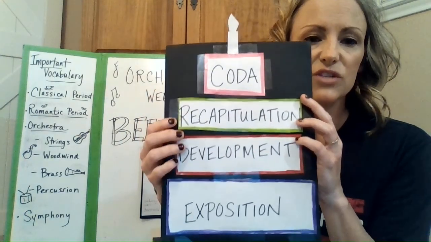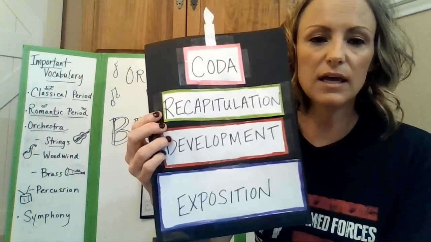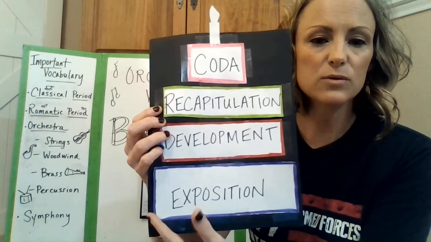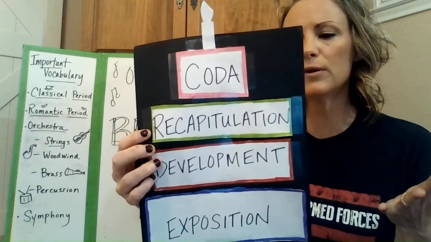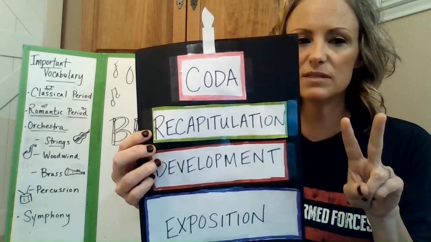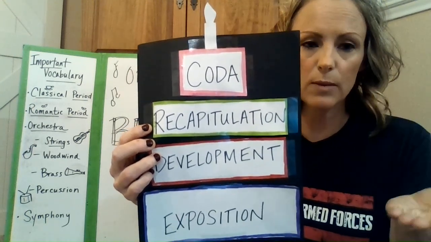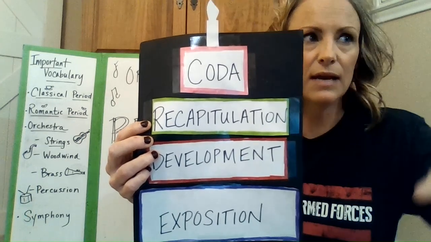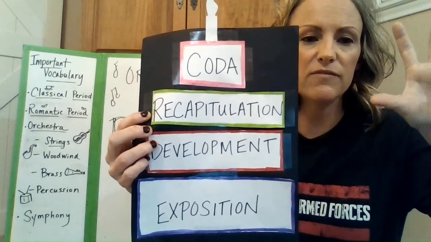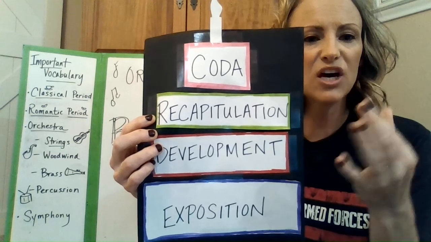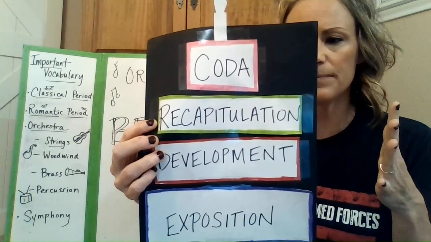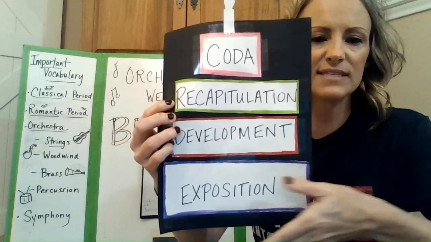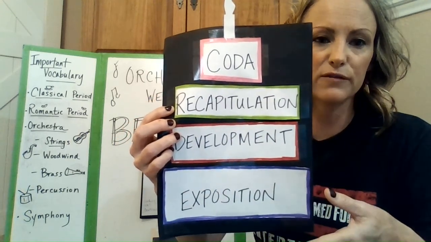In the sonata form, it always starts with the exposition. The exposition is where the composer puts two themes forward. If you remember in Beethoven's symphony, he had a really loud and fast movement, and then a really slow and soft, peaceful movement. That's what the exposition is, and it's the base of the symphony, the first layer of the cake.